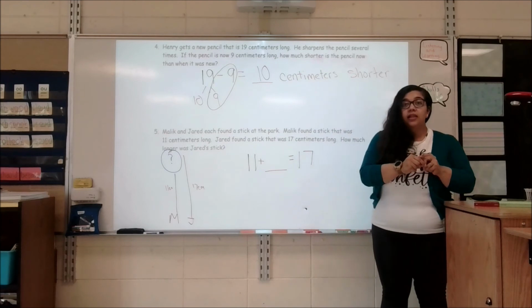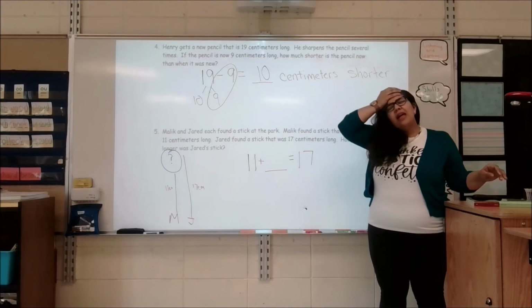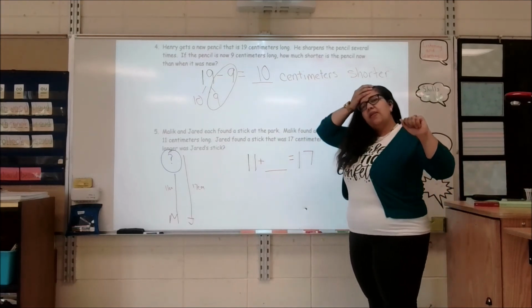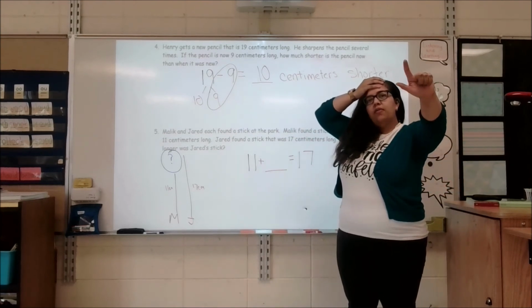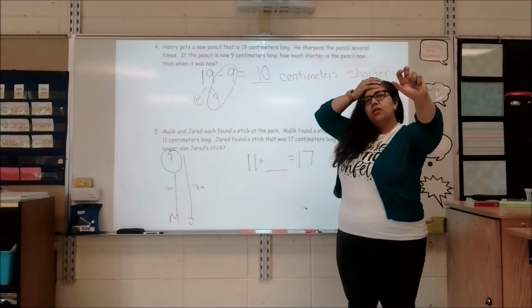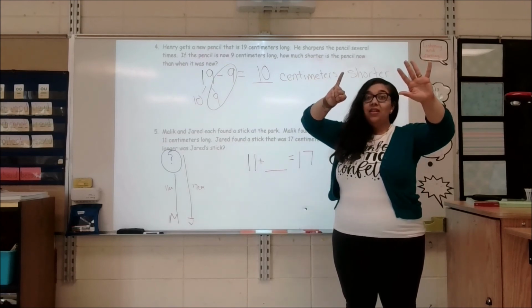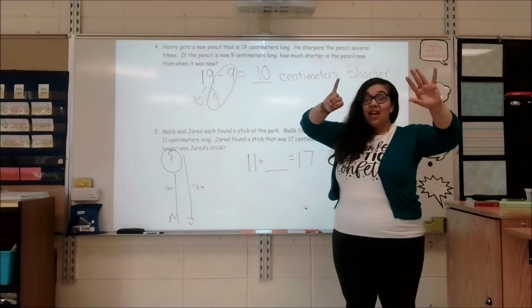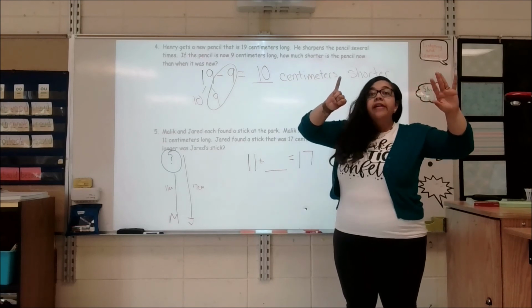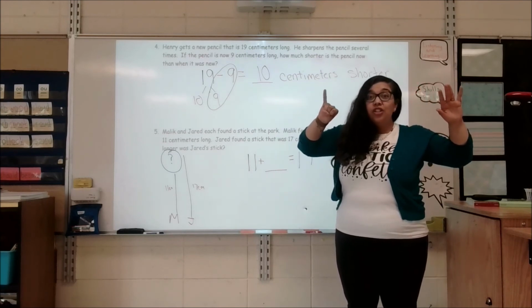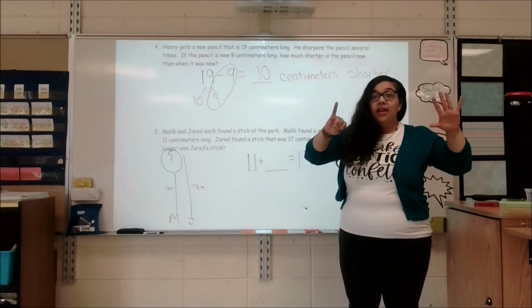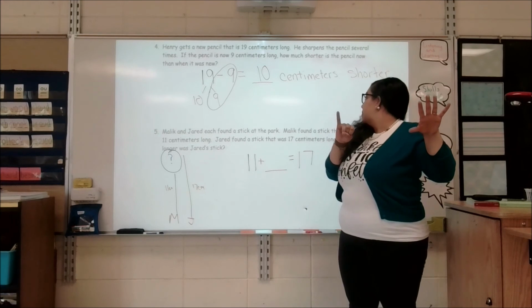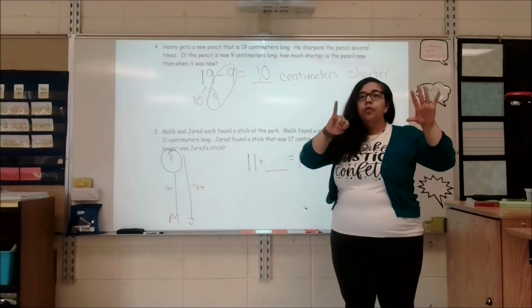But if you'll look, 11, put in your brain, 11, just count on until we get to 17. Do it again. 11, 12, 13, 14, 15, 16, 17. That was easier than actually subtracting, wasn't it? This is why I keep teaching you all these different strategies to do the same thing. It's exactly why. Now tell me again, how many centimeters longer was Jared's stick?